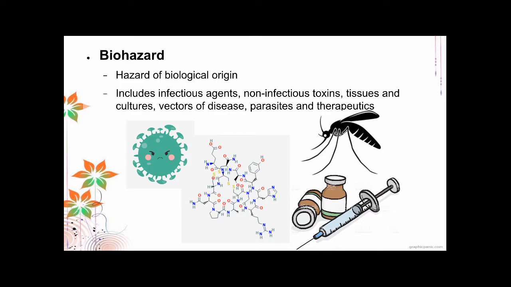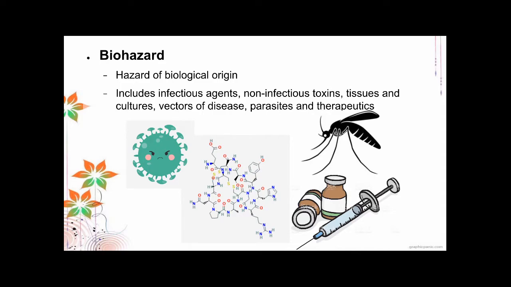Now, how about biohazard? A biohazard is a hazard of biological origin. They include infectious agents such as, of course, COVID, viral or bacterial infectious agents, and non-infectious toxins such as alpha-bungarotoxin, conotoxins, etc. Also tissues and cultures, including cancer cell cultures, vectors of diseases, parasites, and even therapeutics.